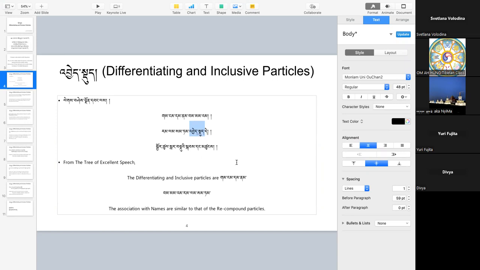So now we have already classified this entire tree line, which is from the root text of speech, the tree of excellent speech, into three groups. The first one being the introduction to the particles. The second one being the association based on the suffix letter. And then finally, these two, which show us the direct usage case.